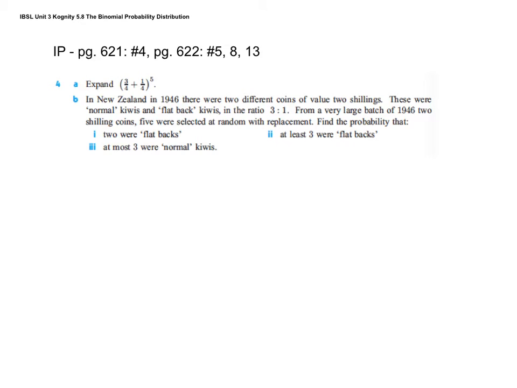Here we're doing the binomial expansion in order to find probabilities, okay? So I want to take our time going through this and make sure that you understand exactly what is going on here, okay? So for part A, expand 3/4 plus 1/4 to the 5th power, okay?